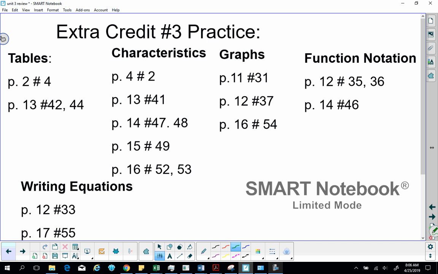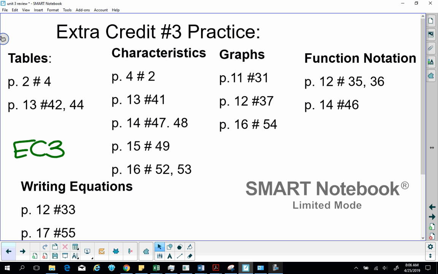So if you want to go through, I want you to write EC3 next to each one of these problems because those are your extra credit for that unit. Just so you know, after the milestone, there really aren't that many grades. We're gonna have a pretty chill project that's not gonna be too intense.